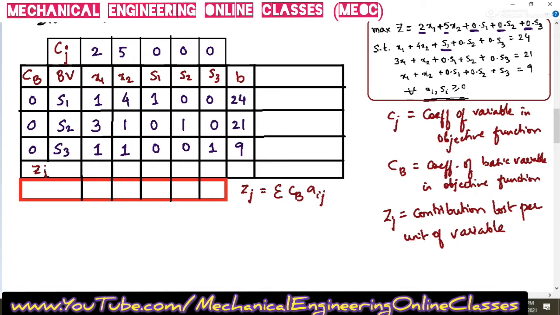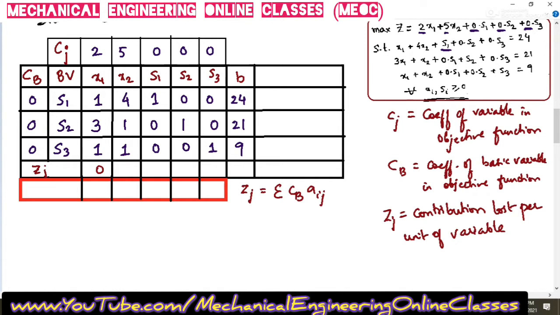The formula is this: the summation of the product of CB and Aij. Aij is these values, these 1, 4, 0. They are called the technological constants, right? So under the x1 variable, it will be 0 into 1 plus 0 into 3 plus 0 into 1, which will be 0.